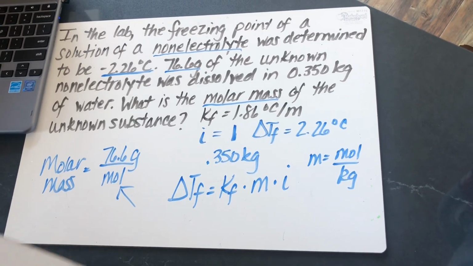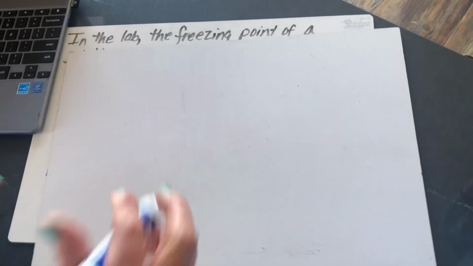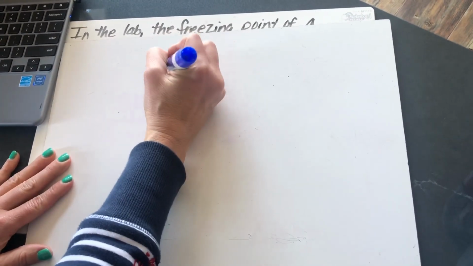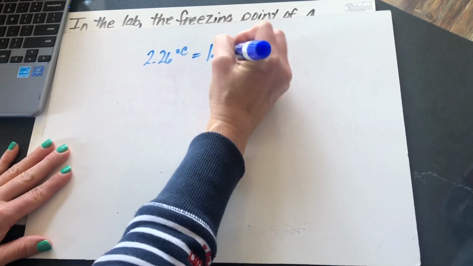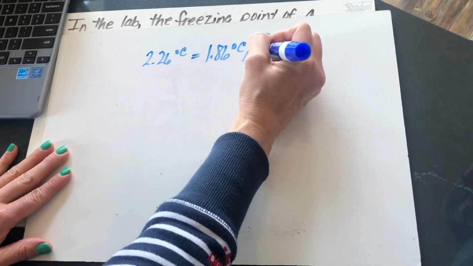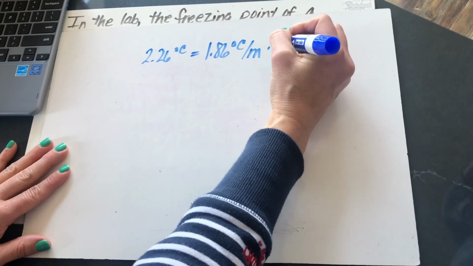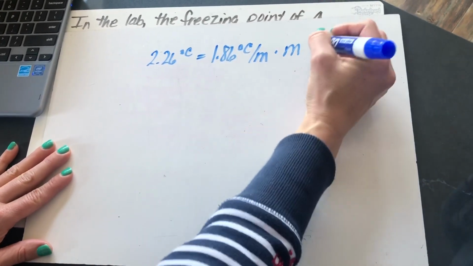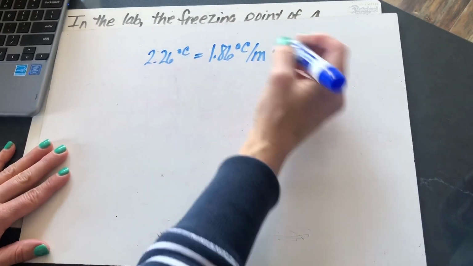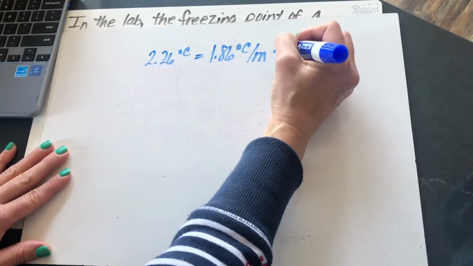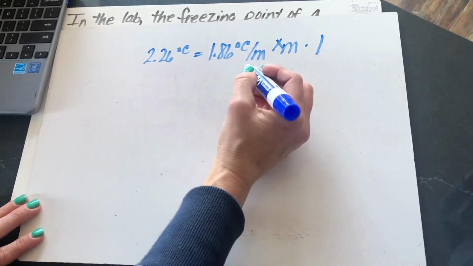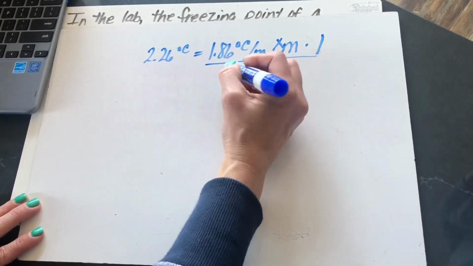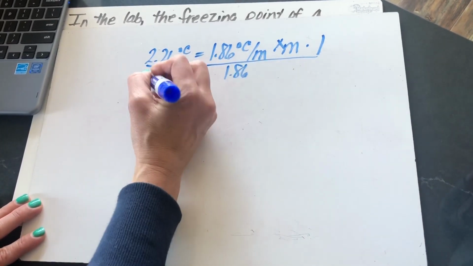So we're going to plug everything into the problem here. 2.26 degrees Celsius equals 1.86 degrees Celsius per molal times molality, we're going to solve for that, times 1. So solving for molality, we'll put an x by it since that's what we're trying to find. We would divide both sides by 1.86.